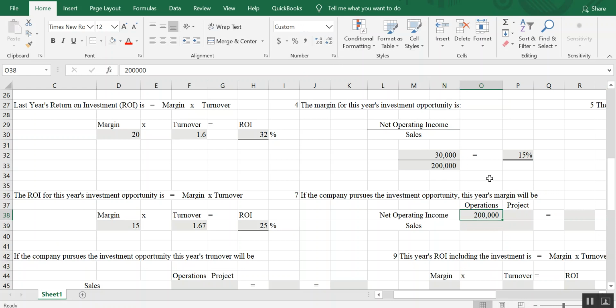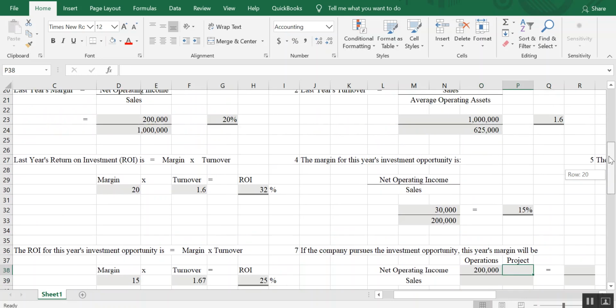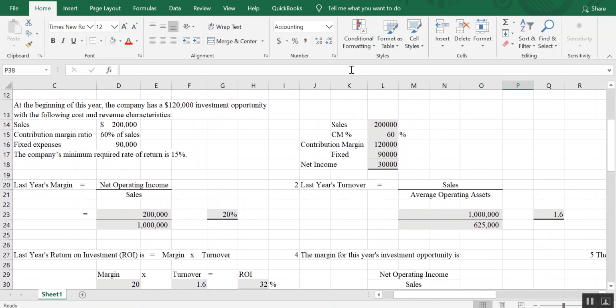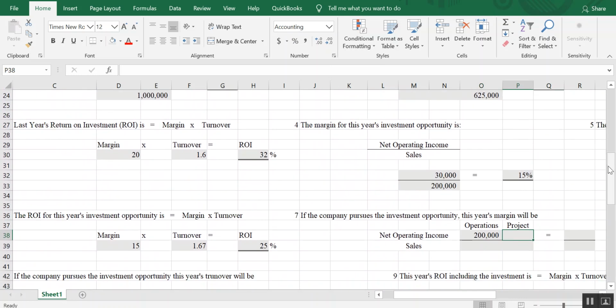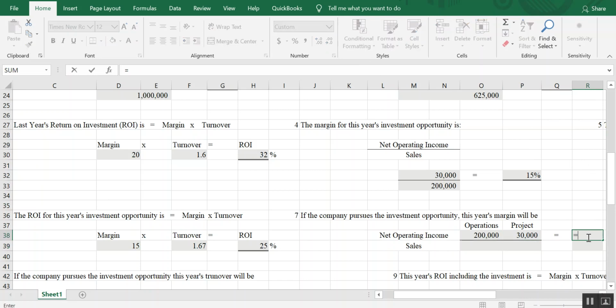That's the net income that we calculated up here as $30,000. We're going to use this number, okay? So we have 30,000 as the income for the project, and then we're just going to add those two together. And that gives us 230,000 as a net operating income.